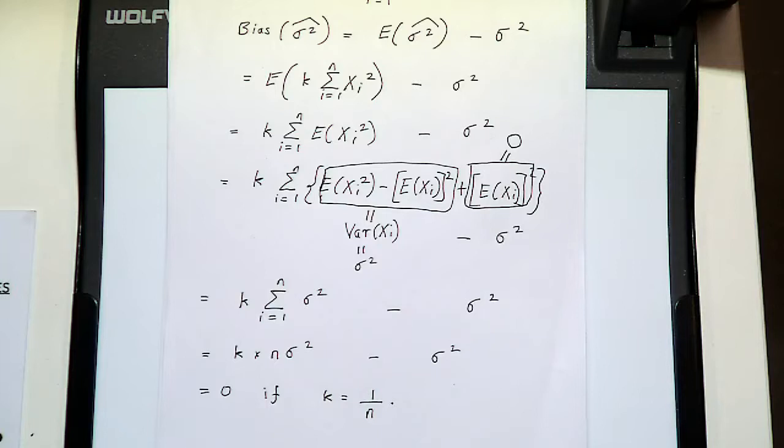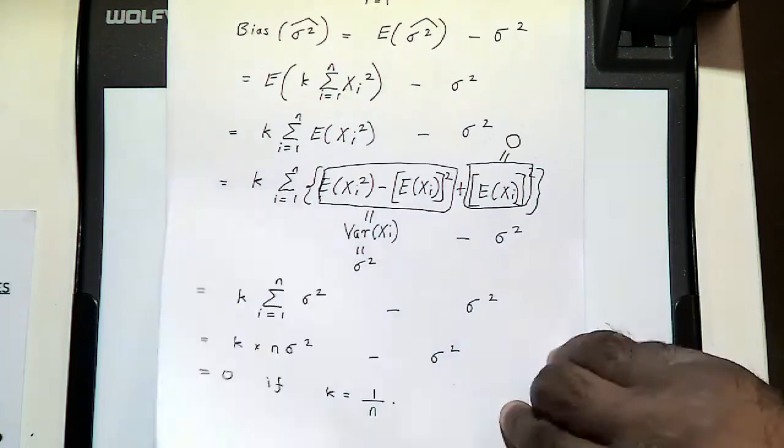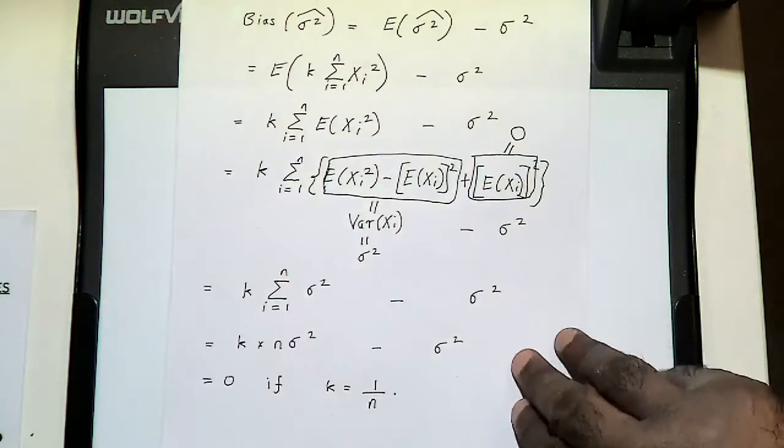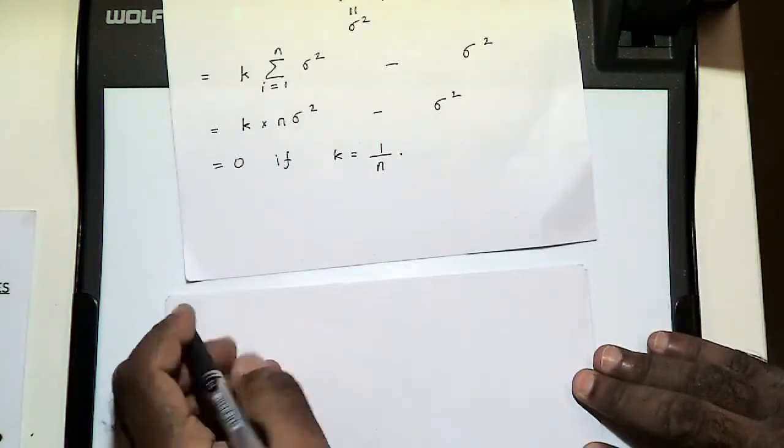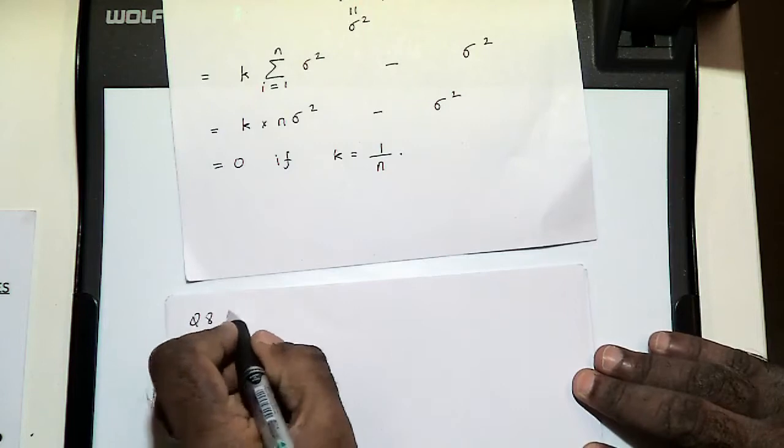Right, the second part is asking you, if xi are from normal 0 sigma squared, what is the sampling distribution of the estimator, right? So what it's asking you is the following. So this is part 2, question 8, part 2.